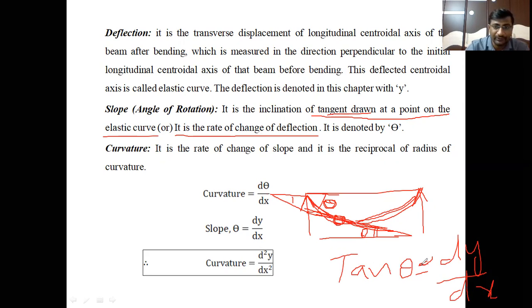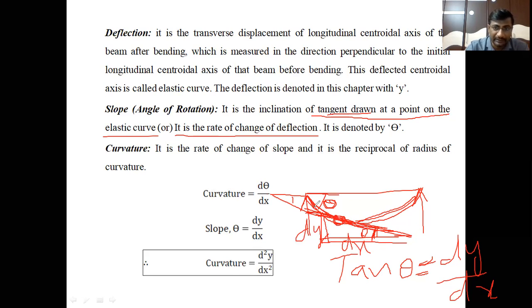For example, if you draw the slope at this point, let us take a vertical distance dy and a horizontal distance dx. This is the angle theta made by the tangent. Tan theta is equal to the opposite side dy divided by the adjacent side dx. So dy by dx is the slope of the tangent.